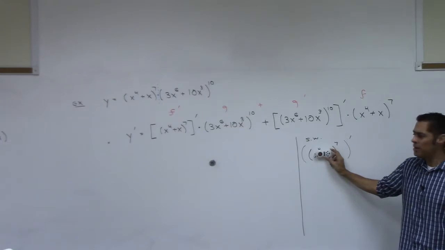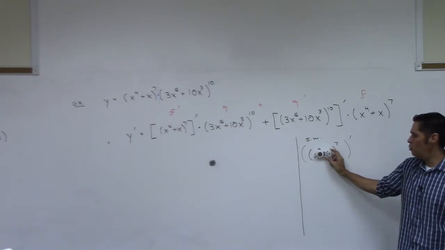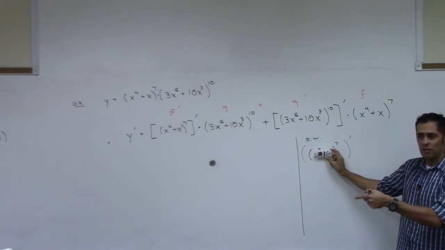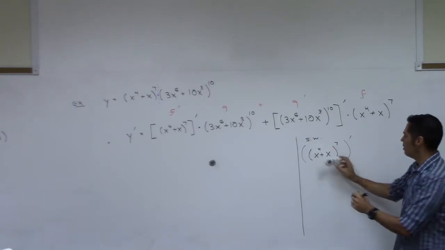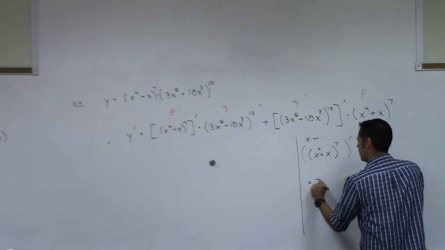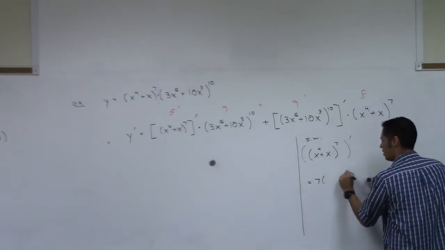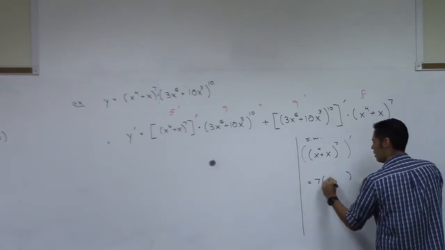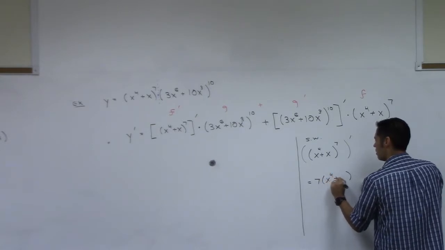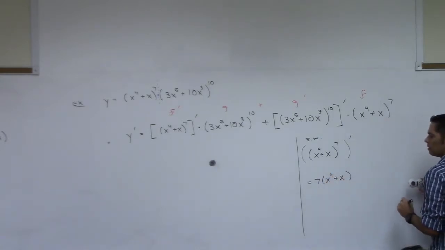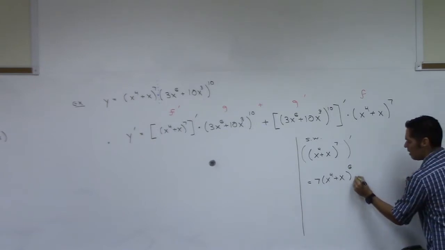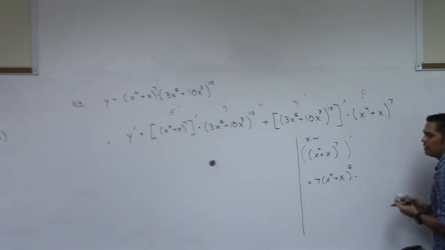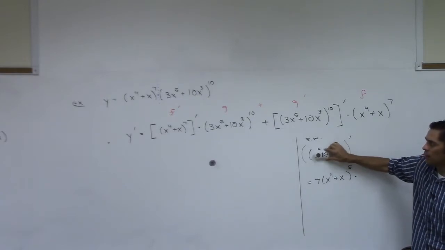And therefore, the derivative of that should be what? 7, right? Because that's what we do with powers. We bring the powers out, we subtract 1. So the derivative of this should be 7. And then in parentheses, the Elmo, which is x to the 4th plus x, but raised to what power? 6. Are we done? No, because now chain rule says multiply that by the derivative of what was in here.